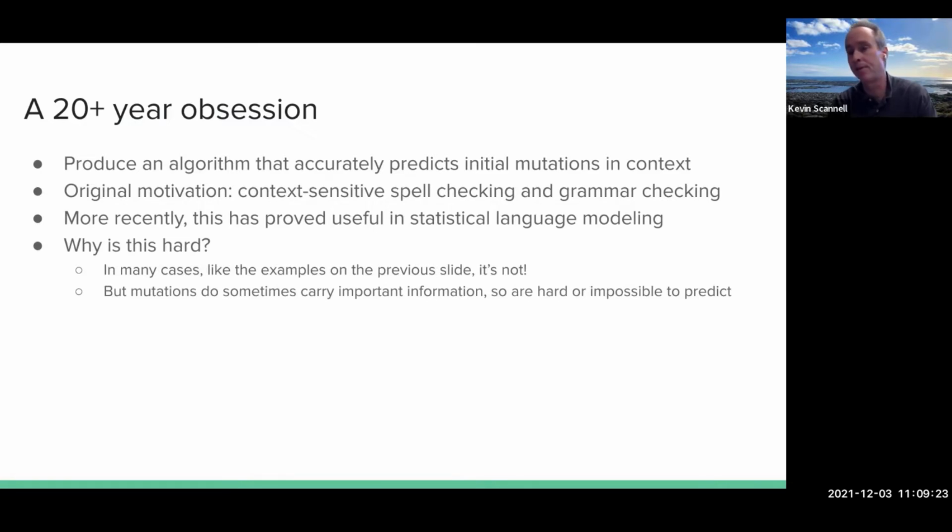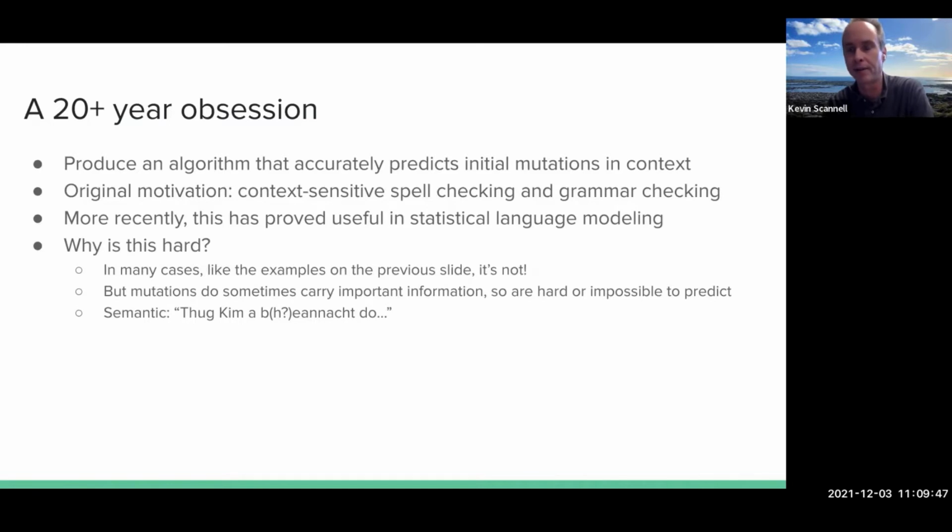And in some cases, you have truly ambiguous cases where the computer will be unable to accurately predict. So here's an example where semantics matters, a well-known example where the third person possessive, either meaning his or her, affects the mutation of the following noun.